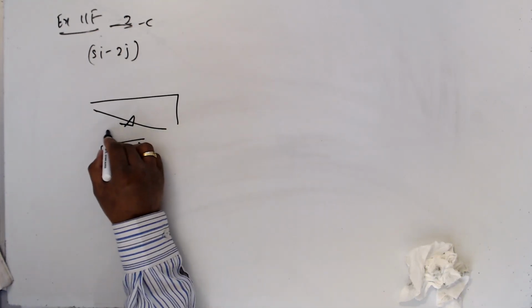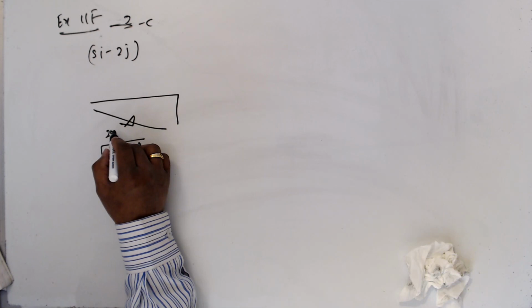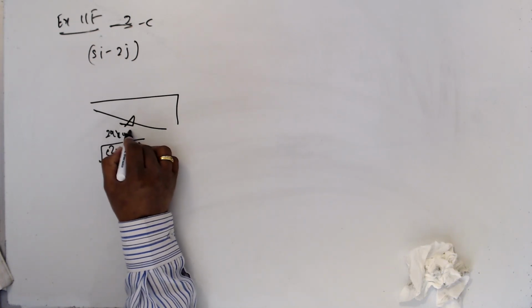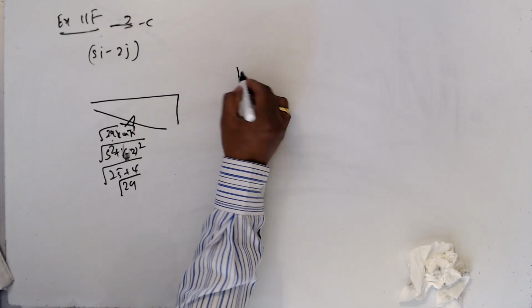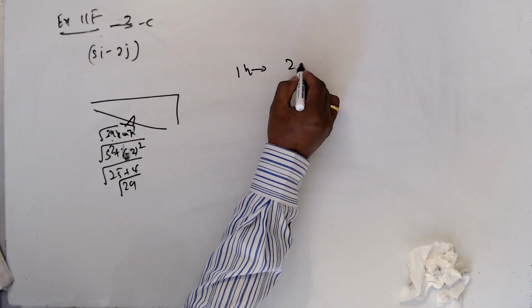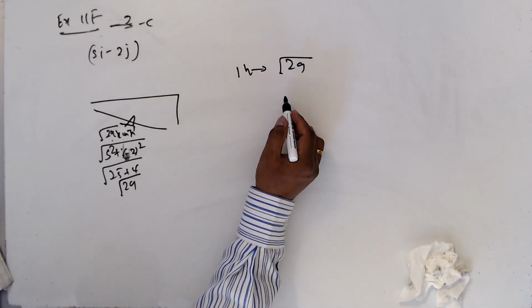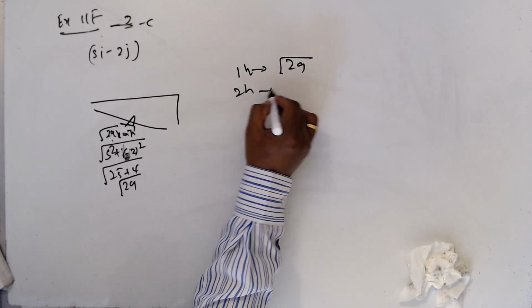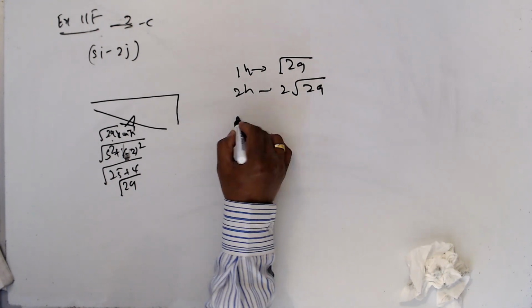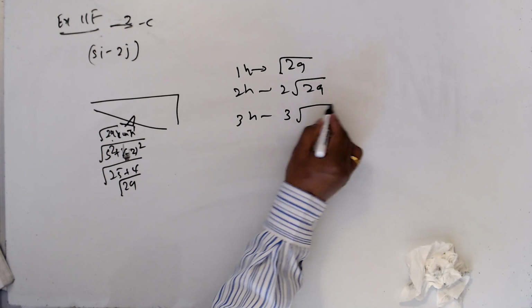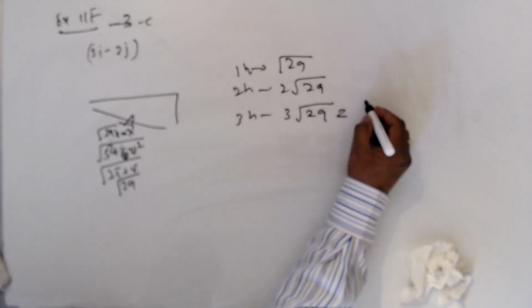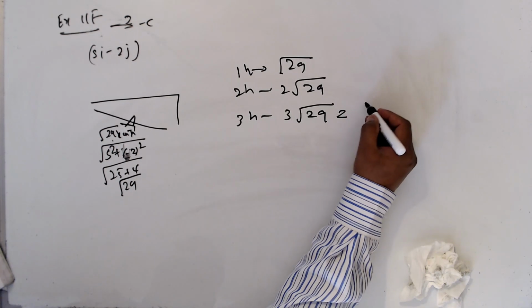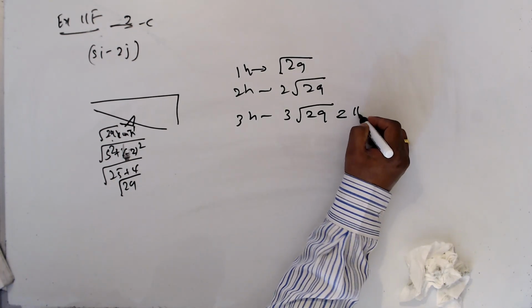So square root 29 km per hour. How many for 3 hours? 2 hours, 2 times square root 29. 3 hours, 3 times square root 29. The answer is going to be 16.2.